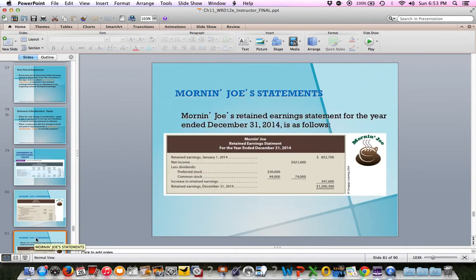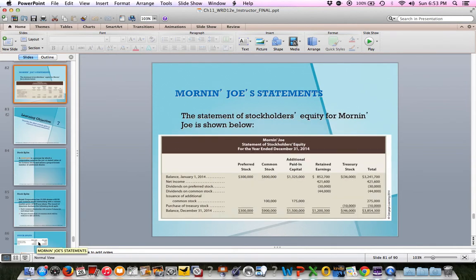And they can do a retained earnings statement also. Beginning retained earnings plus net income minus dividends equals my ending retained earnings. And then they can do it the third way right here. So you can just kind of see the same data just sliced and diced differently based on the three choices we have for reporting equity.